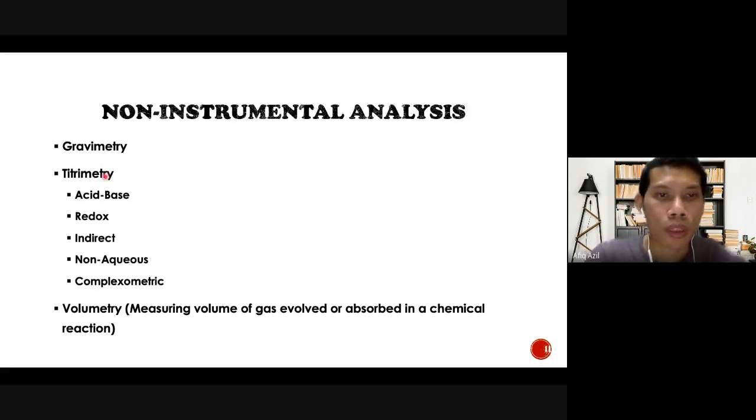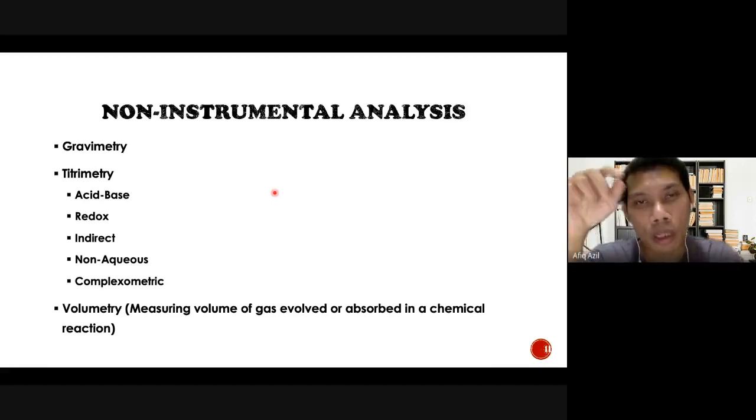There is a version where it is automated, called an auto titrator. Basically, the titration is done autonomously, so you don't need to wait at the site. You just set it, and then the solution from the burette will drop in automatically, and it will stop.